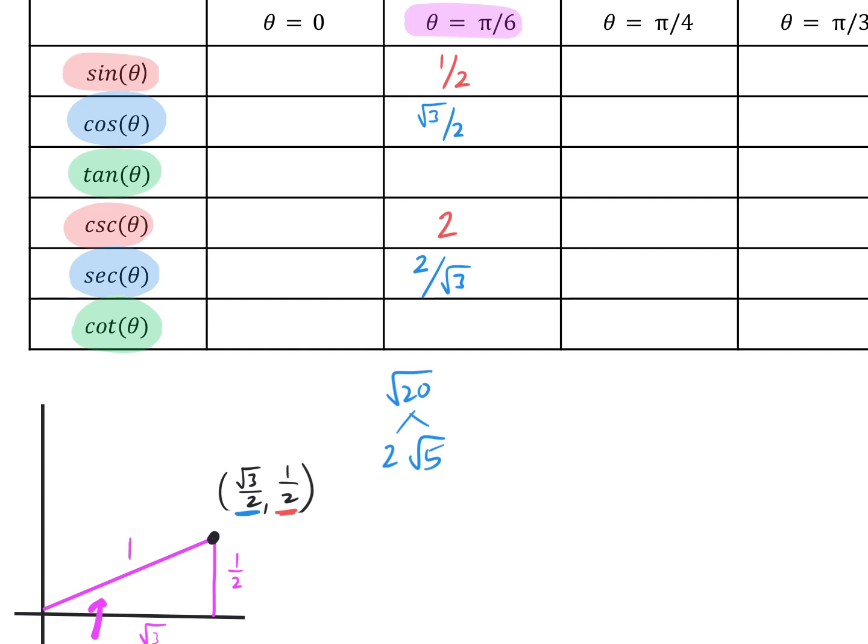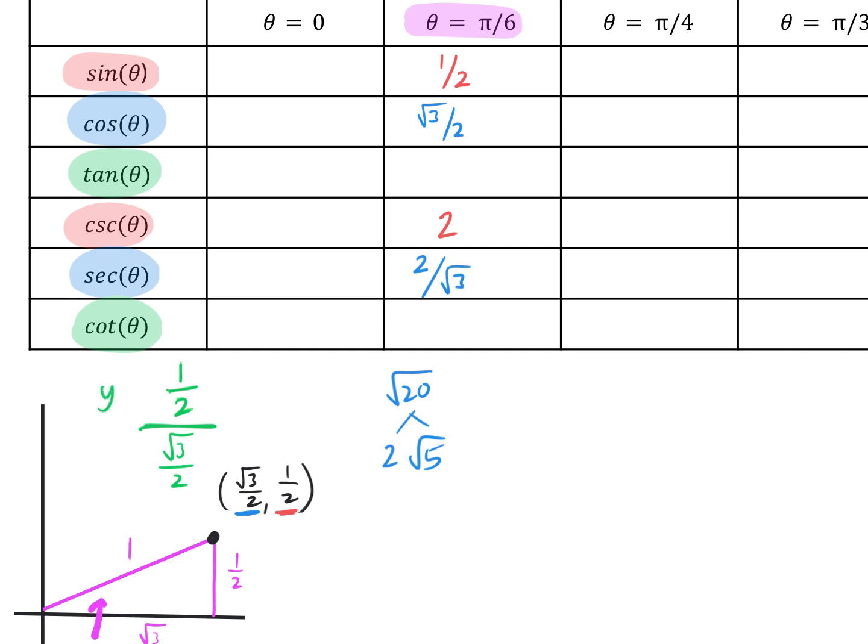All right, lastly is tangent. Tangent is my y value over my x value. So tangent is technically 1/2 divided by the square root of 3 over 2.